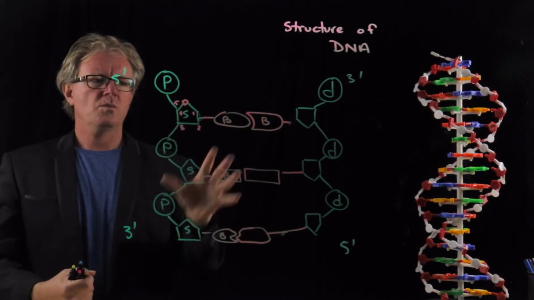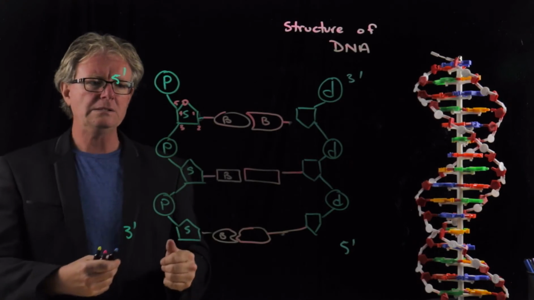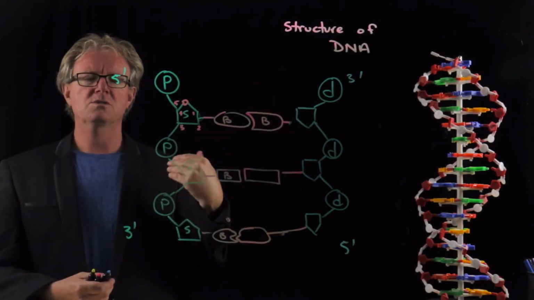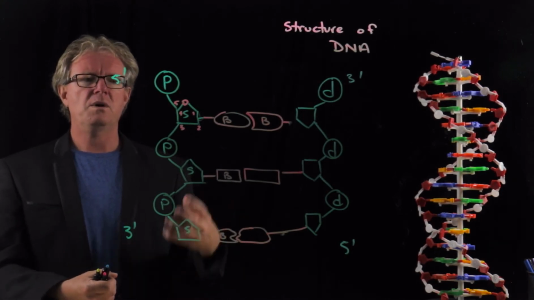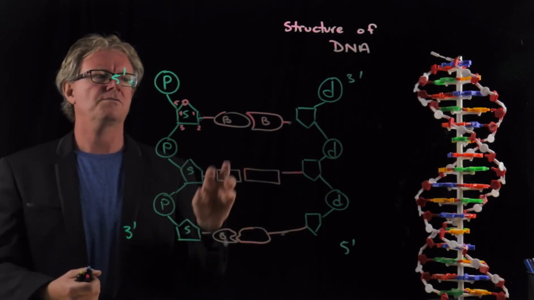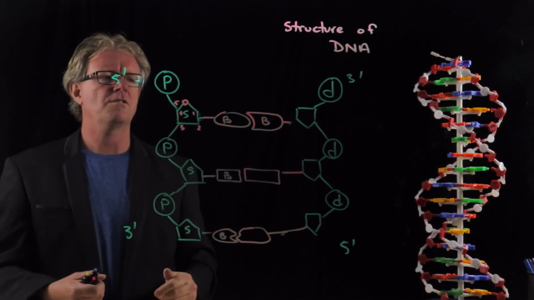Okay, so with a little bit more detail, we've drawn it as a basic structure here, but we've stepped it up a little bit in talking about the direction of the chains, which is very, very important when you do more sophisticated biology and start talking about copying DNA, when the enzymes move from the 5' to the 3' and all that sort of stuff, which is in later videos. This understanding of what that means is very, very important.